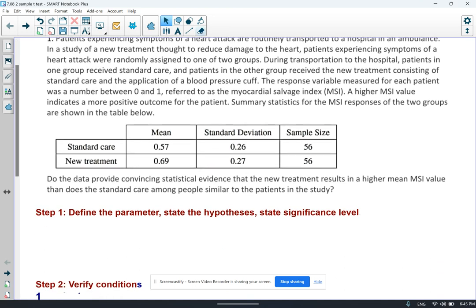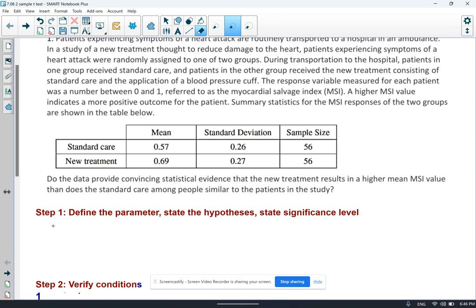And we go through the four-step process, and the first thing we need to do is define our parameter, state the hypotheses, and state the significance level. Notice that this was a former AP question, and they didn't even give you the significance level. That means you can choose any on your own.